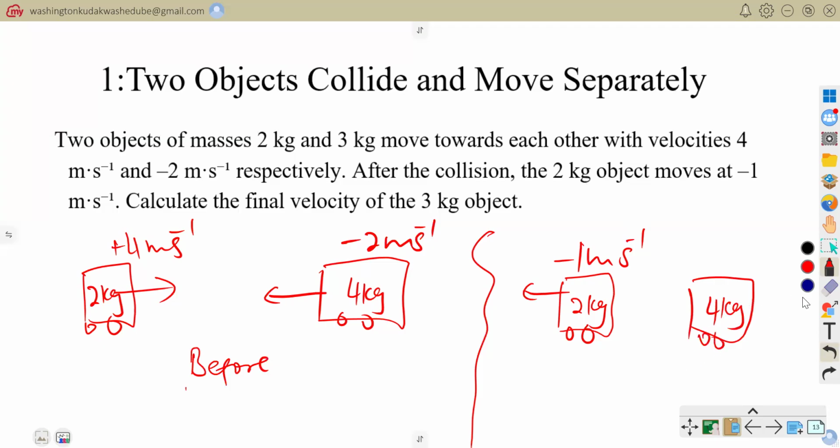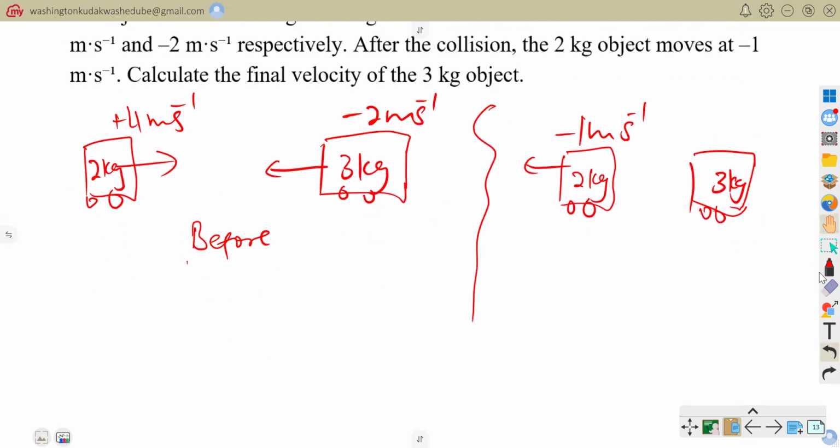Either it is going to go in that direction or in that direction. Sorry, here I was saying 4 kg, this is 3 kg. So we need to find the final velocity of the 3 kg block. So how do we do this?